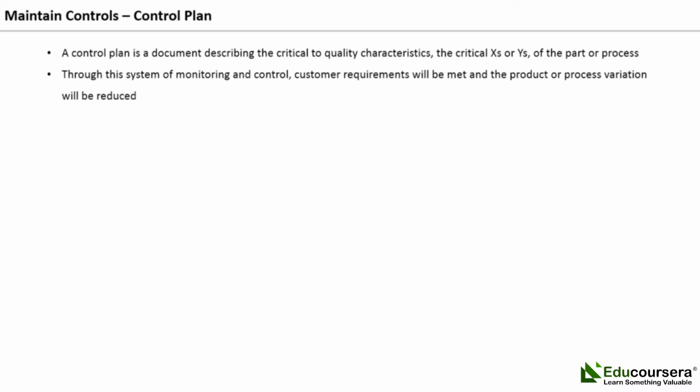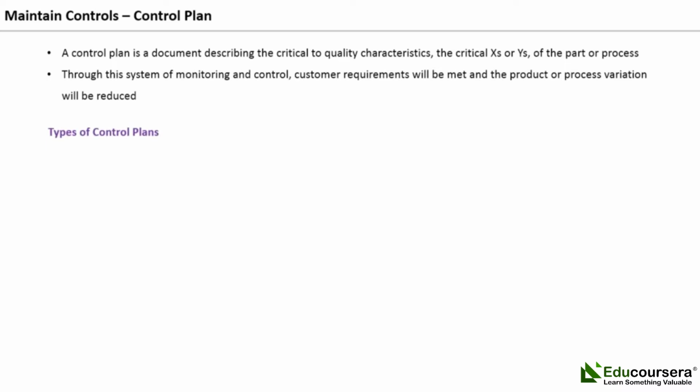However, the control plan should not be a replacement for detailed operator instructions in the form of work instructions or standard operating procedures. Each part or process must have a control plan. A group of common parts using a common process can be covered by a single control plan.